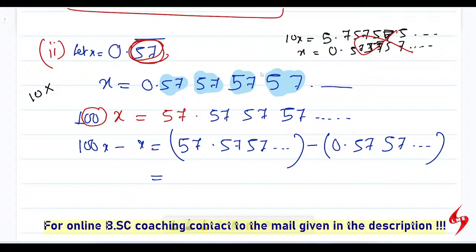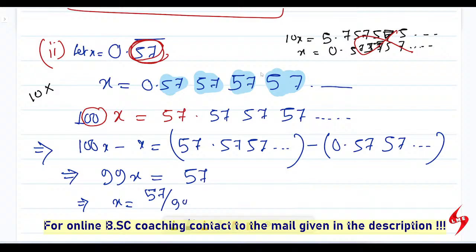So that will be 57, and here it is 99. So x is 57 by 99. This is my x.